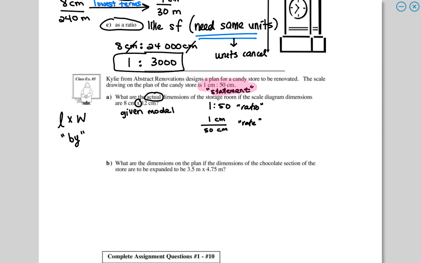So if 1 centimeter is equal to 50 centimeters, then 8 centimeters is equal to X centimeters. And then I cross multiply. And you see that, yes, I just have to times by 50 and divide by 1. So 8 times 50 is 400.